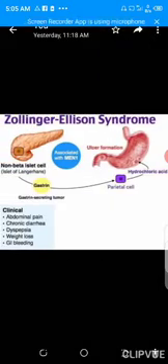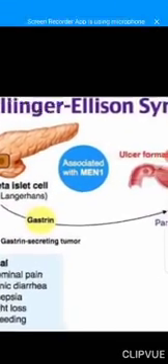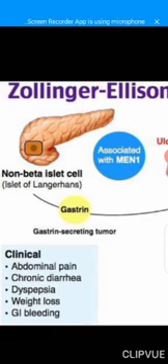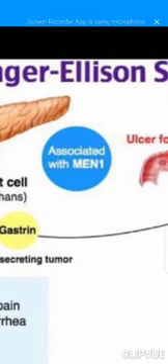Another thing you should always remember is that this Zollinger-Ellison syndrome is actually sporadic in nature. The tumors, this non-beta cell islet tumor that we said is produced from the pancreas, are sporadic in nature. However, about 20 to 25% is familial, which is associated with what is called MEN1. MEN simply means multiple endocrine neoplasia, meaning many endocrine cancers are involved.